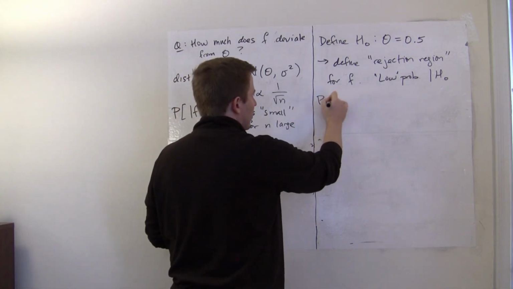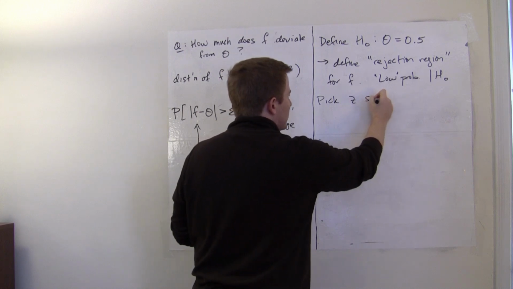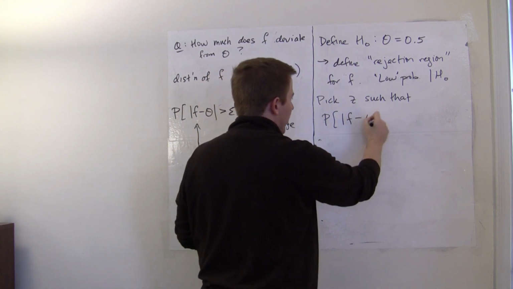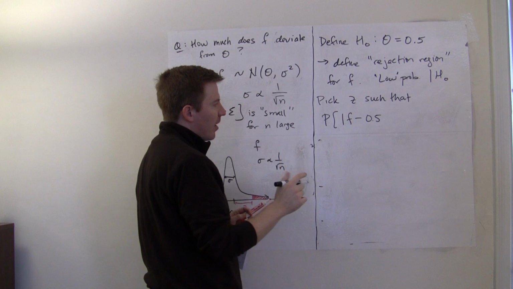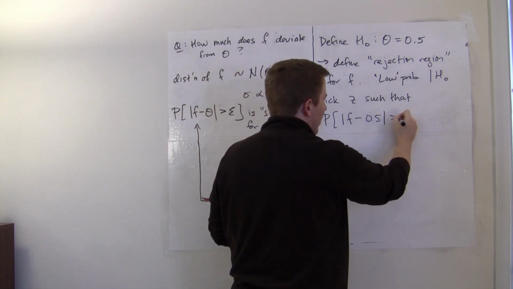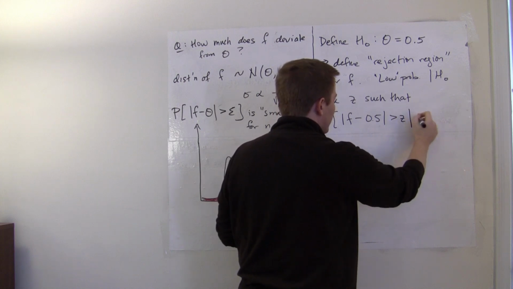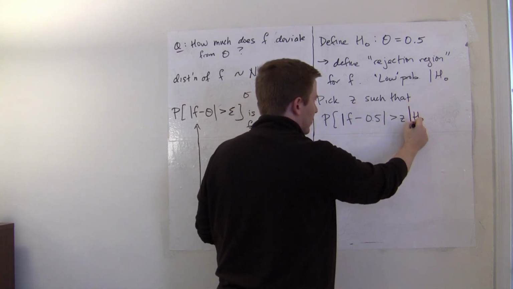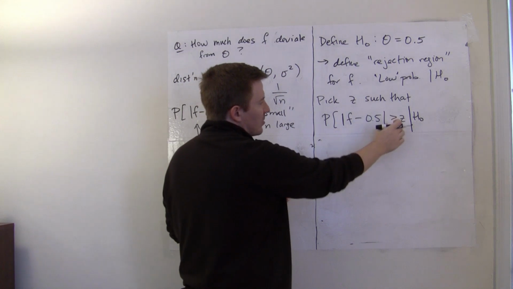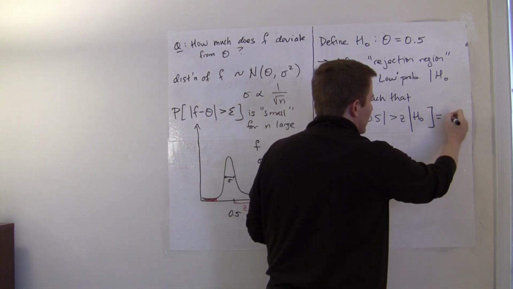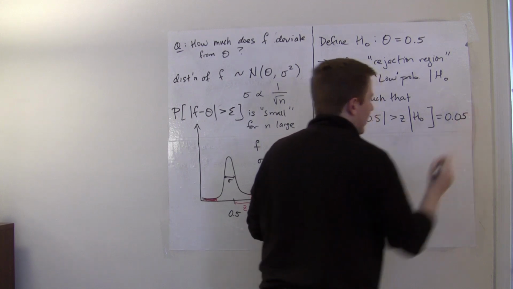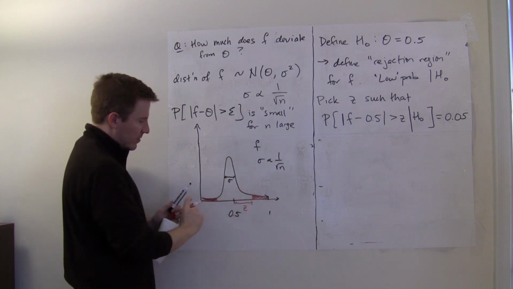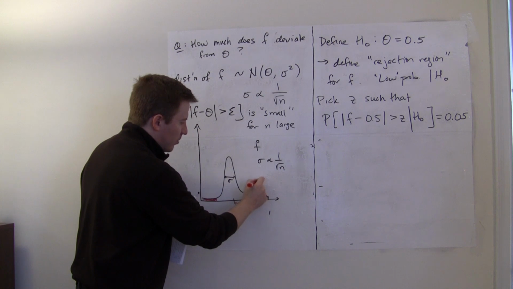Let's pick a value little z such that the probability of f deviating from this particular hypothetical value of theta by an amount greater than z, conditional on this hypothesis h0, (this is the absolute value, and this is the conditional bar), is some small number, and the number we usually take is 5%, 0.05.